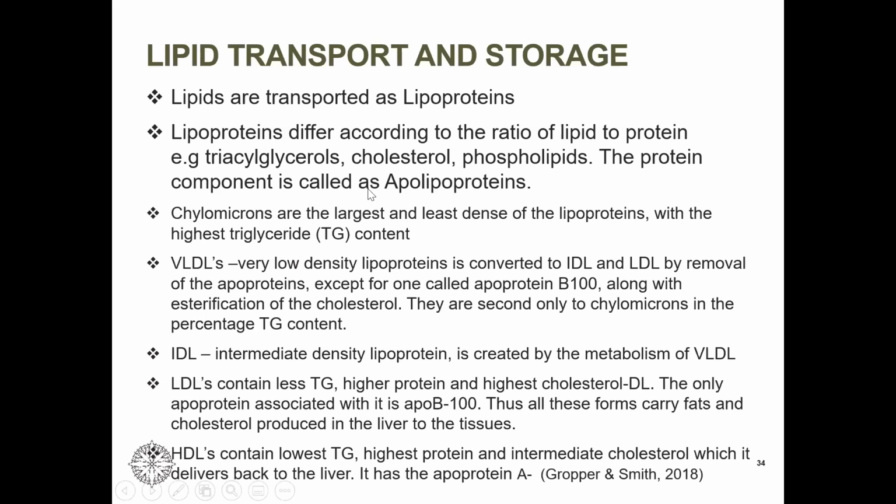Now lipids, they are transported as lipoproteins, and there is a whole new world of new information coming out of these lipoproteins. These lipoproteins differ according to the ratio of lipid to protein in that body. That protein portion is known as apolipoprotein.